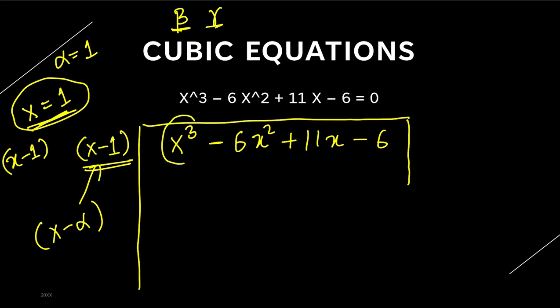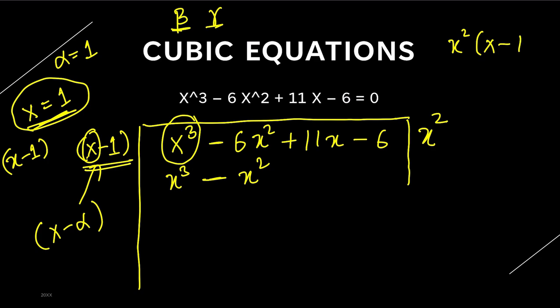This is a power of 3 and I have a power of 1. How much more power do I need? I need x square here, right? So x square into x is x cube, and x square times minus 1 is minus x square. Multiplying x square by x minus 1, what will you get? X cube minus x square.